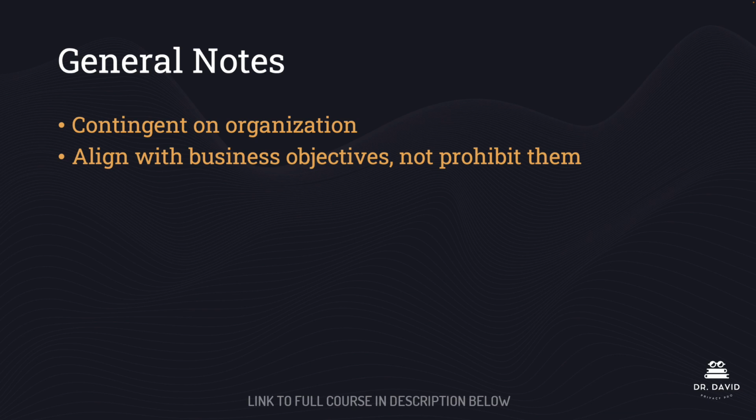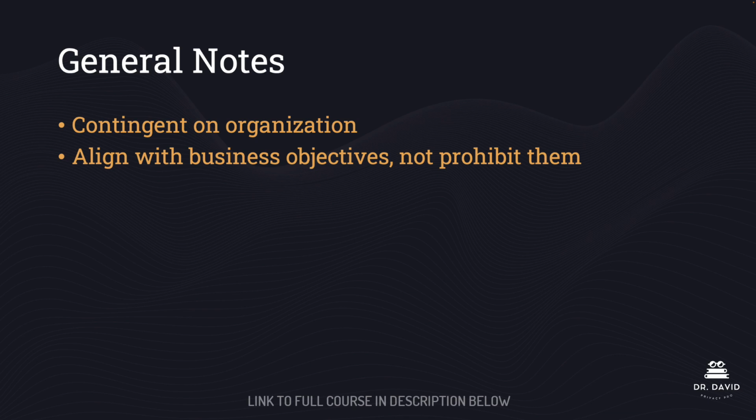One of the most general objectives or responsibilities of a program manager is going to be to align the business objectives with privacy, not to prohibit those business objectives. And so if you're working for a data broker, for example, and data brokers are all about collecting massive amounts of personal data on individuals and organizations, well, that's the business's objectives.